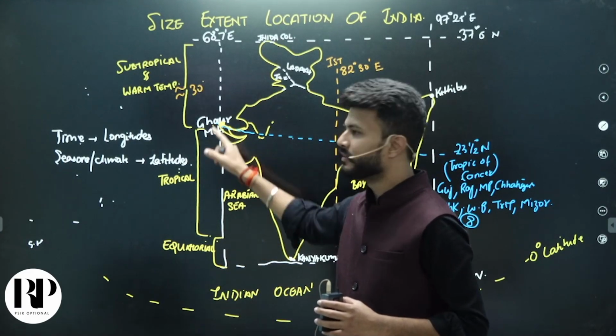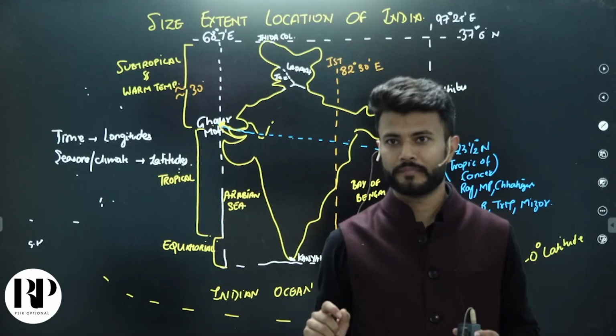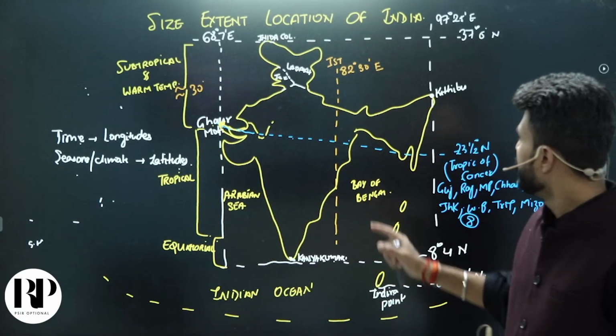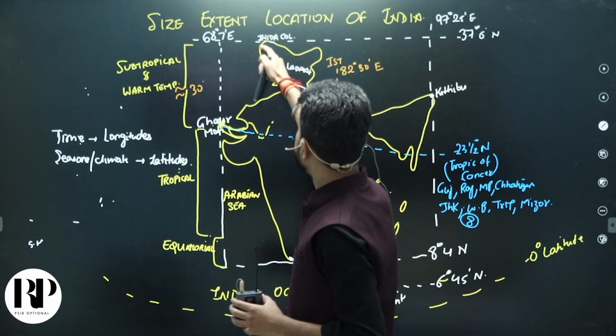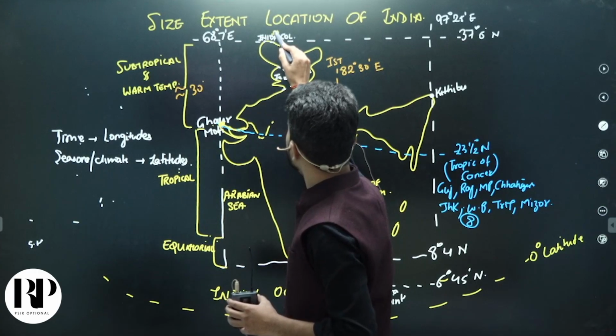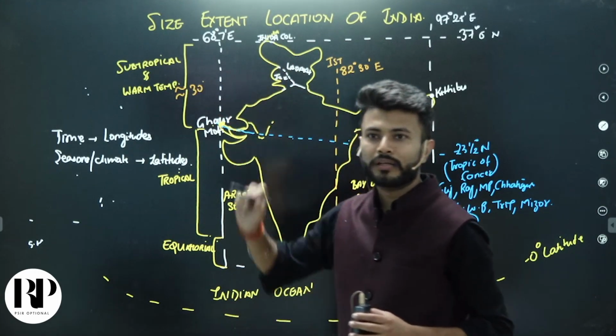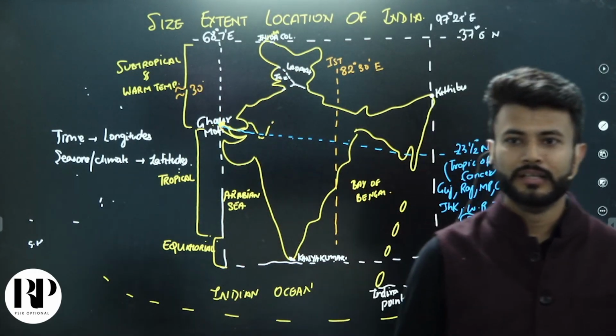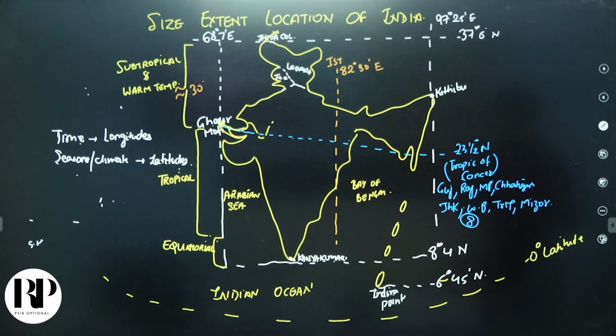So this is the westernmost point of India. And sir, on the top. Indira Kol. My spelling mistake. Indira Kol. This is a peak. Take the screenshot if you want.